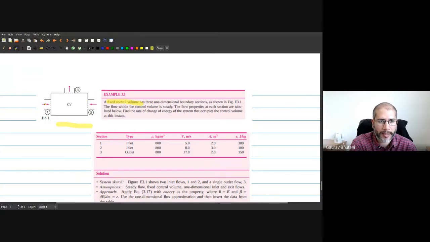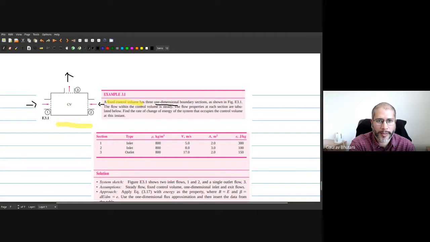You can see that there are two inlets, which are these ones, and I'm using a mouse, please excuse me for the writing, and then you have one outlet, that is number 3. These are all one-dimensional in the sense that you don't need to worry about the distribution of velocity over these areas. Simply inlet and outlet.